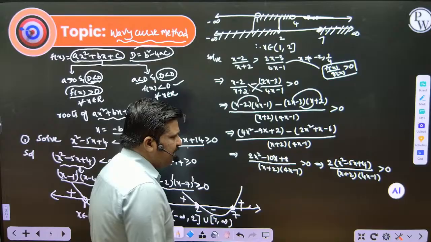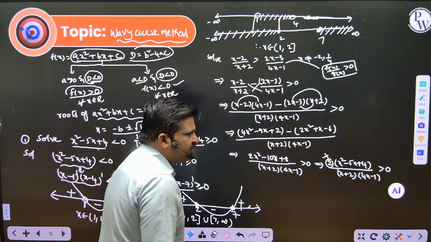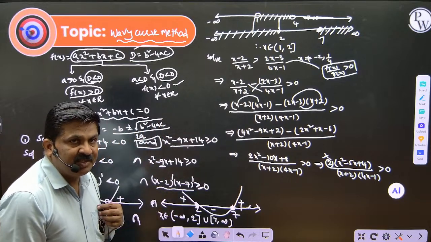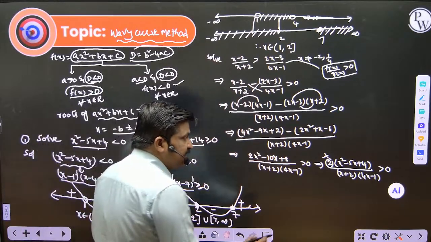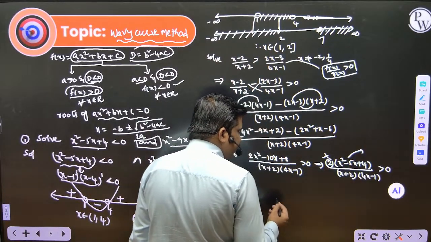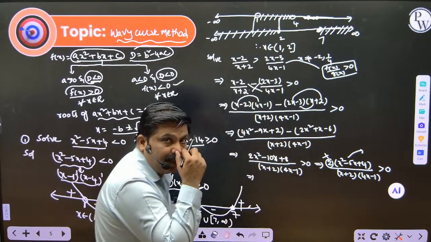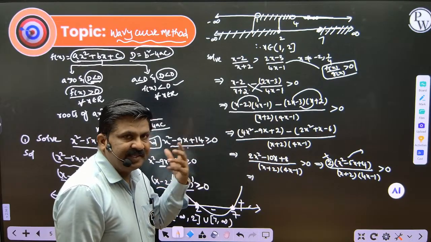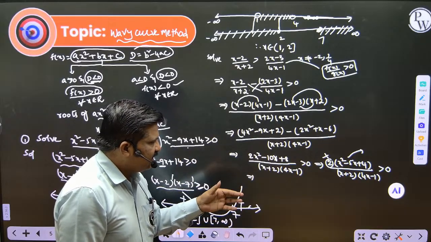Just ignore this 2. Why? Because this 2 is a positive value, or not. That's why you can ignore it. But this is a quadratic fraction, so you can resolve it into factors. 2 is a positive term, no need to consider it here. Ignore it. The denominator already has 2 factors.